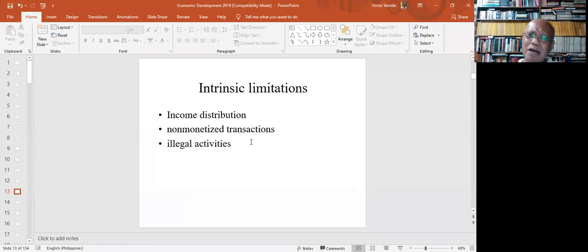And again, GNP accounting is undertaken by government. So automatically illegal activities are not included. Okay? And when you make comparisons across countries, you do come across the case that some activities are legal in some countries, illegal elsewhere.